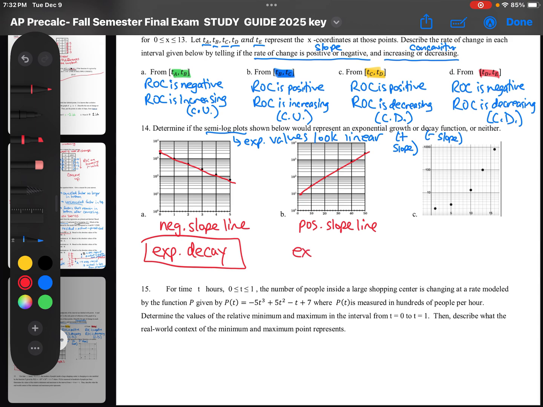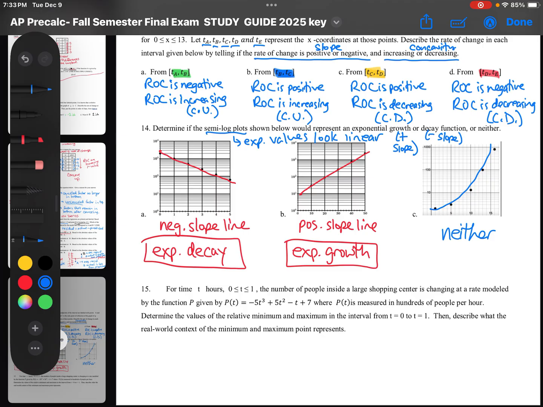That means we're going to have exponential growth. And on D, this does not look like a line at all, so this is neither. Now you might be thinking, Mr. Bear, that looks like exponential. Well, it does, yes, but it is not a semi-log plot.